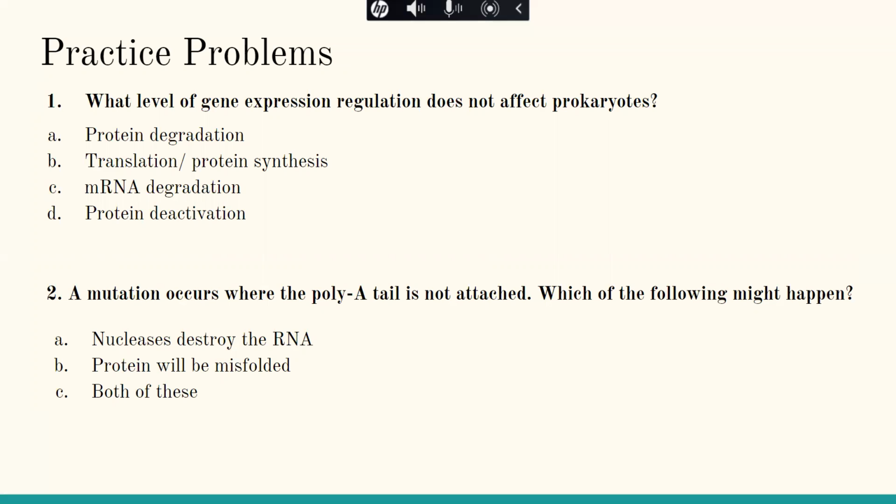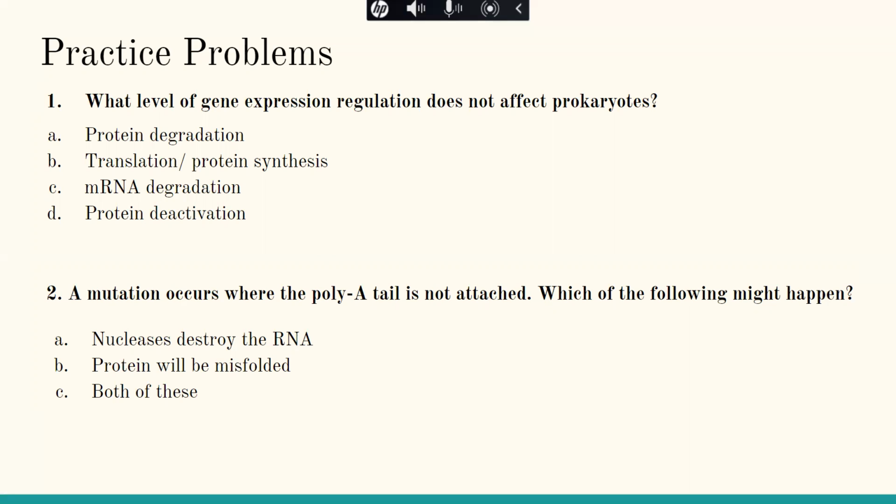What level of gene expression regulation does not affect prokaryotes? It would be either B or C or both, because the protein's life is still affected in prokaryotes, but translation and protein synthesis happen simultaneously, so it's not a tremendous factor for prokaryotes.